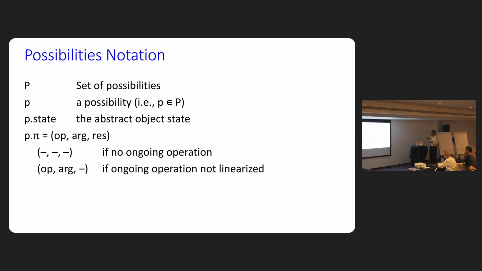On the other hand, if the ongoing operation has linearized, then this will be non-blank. Of course, there may be operations like dequeue or read that have no argument, in which case the second component will be blank. So that's our notation, nothing interesting or important going on here.